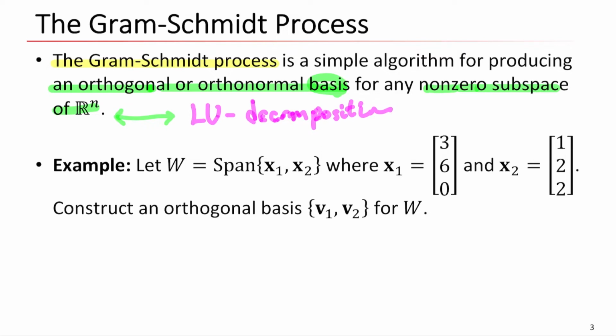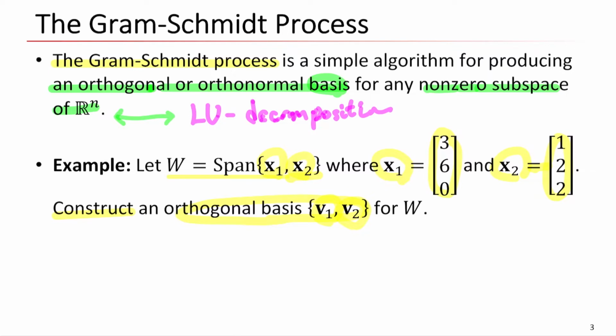Before starting, let's start with an example. Let W be spanned by x1 and x2, where x1 is the vector (3, 6, 0) and x2 is the vector (1, 2, 2). The question is to construct an orthogonal basis v1 and v2.